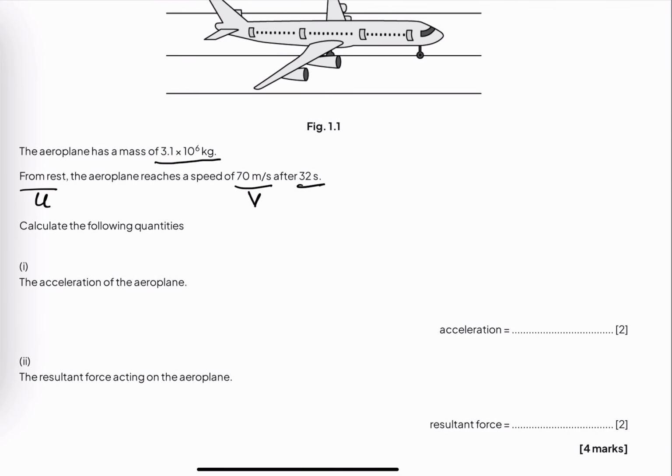This was the time. For the acceleration, we have the relation final velocity minus initial velocity divided by time. Final velocity is 70, initial is 0, time is 32. Solving them, we get 2.2 meters per second squared.